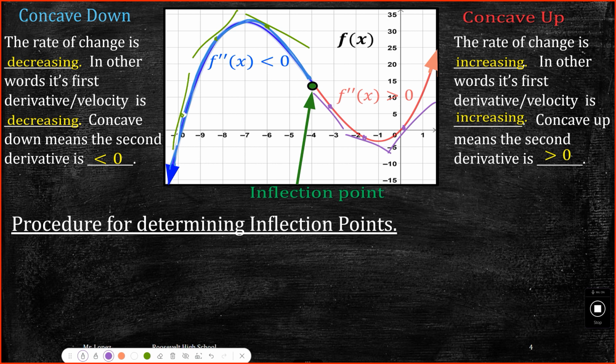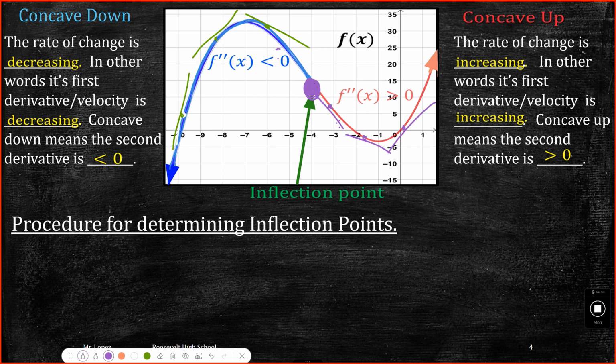So what are the procedures for determining inflection points? We go to the second derivative, and this becomes the critical point. Then you take the second derivative and test points on the left and the right, and if they change signs, it is an inflection point.